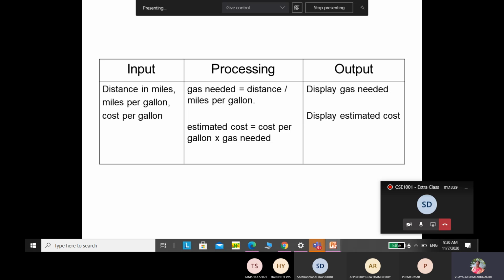How much gas or fuel is required: distance by miles per gallon, and cost is equal to cost per gallon into the fuel required. Output is display gas required and display estimated cost. Clear? Any doubt? No, ma'am.